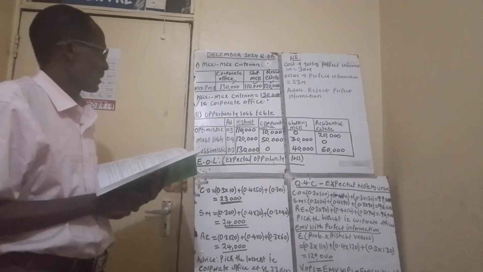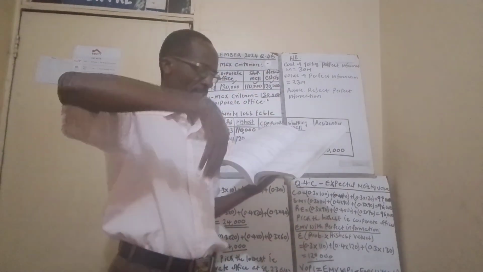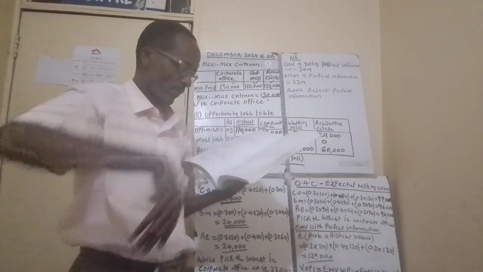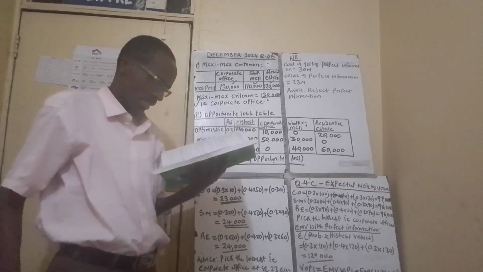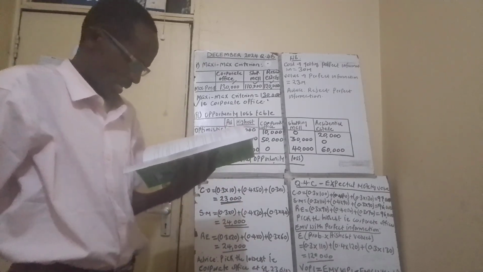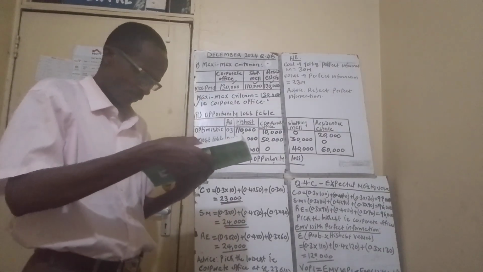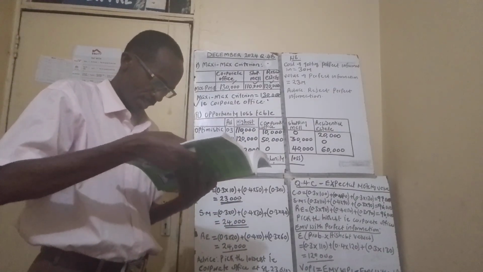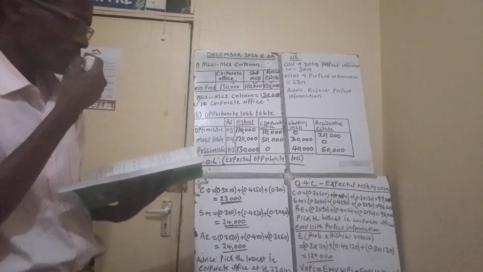So we have answered number 1. You're just picking the highest number as far as those payoffs are concerned. So that's straightforward. Then number 2, the investment center to invest in so as to minimize the expected opportunity loss.